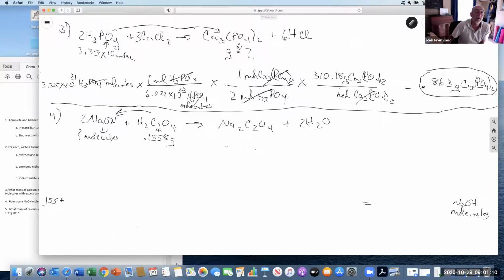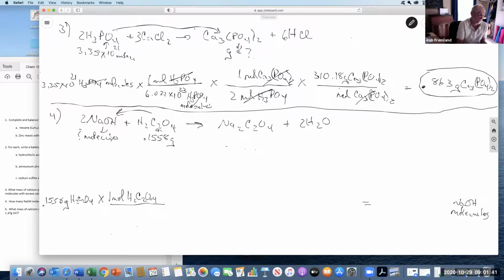So we have 0.1558 grams of oxalic acid. Right? And then we want to get to moles. So to go to moles from grams, we use the molar mass.